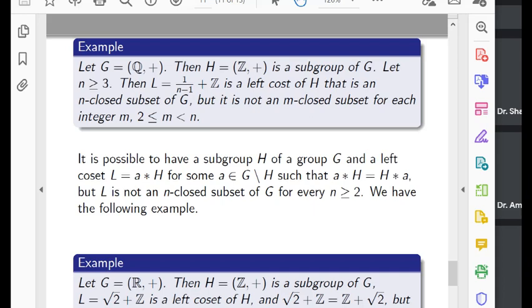If you take R under addition, and definitely Z under addition is a subgroup of R, if you take L to be this left coset, then definitely L under addition is not n closed for each integer n bigger than or equal to 2. So this example also shows that the number of left cosets being finite is needed in the result.